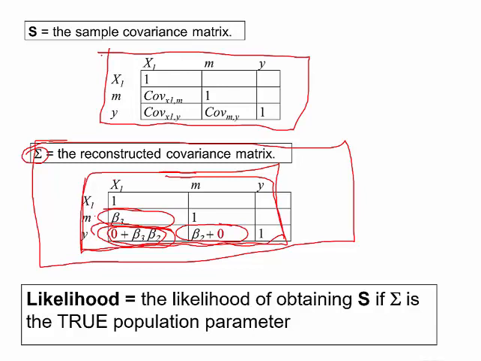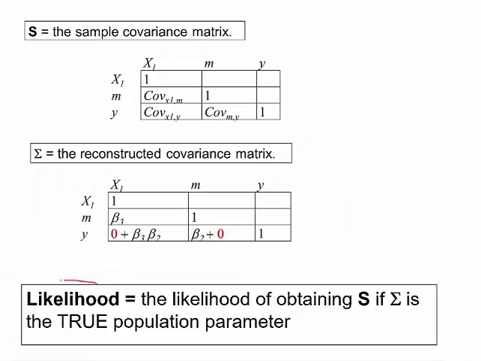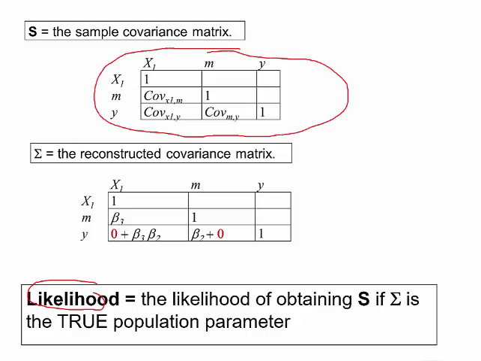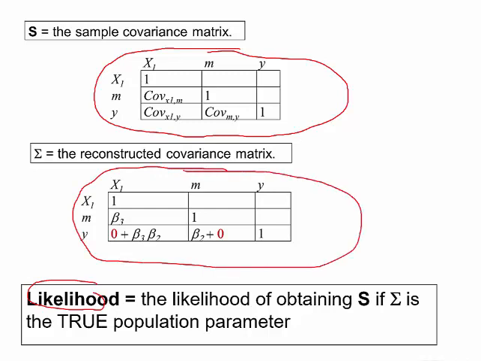What's the likelihood of that? So we can calculate this value called a likelihood that tells us the likelihood of getting the sample covariance matrix that we got, given the assumption that the reconstructed covariance matrix is actually a perfect model of the true population parameters.